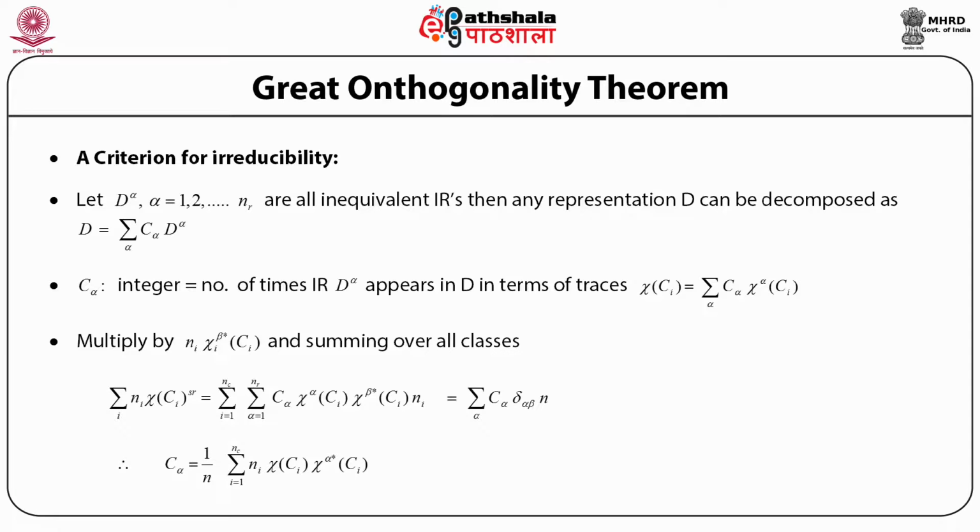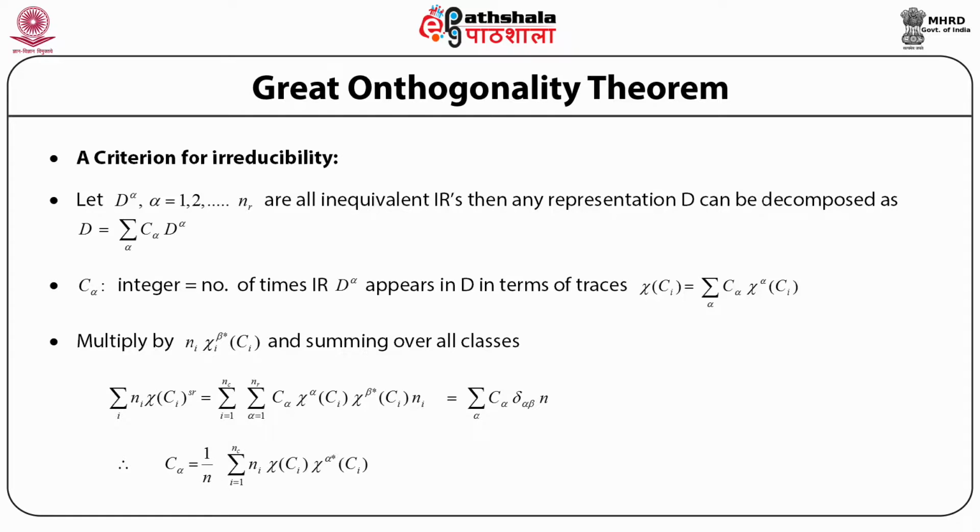Multiplying this by Ni chi beta Ci star and summing over all the classes, I have sum of Ni chi Ci chi beta star Ci equal to the sum over i from 1 to nc, where nc is the number of classes, and another summation over alpha from 1 to nr, of C alpha chi alpha Ci chi beta star Ci Ni.